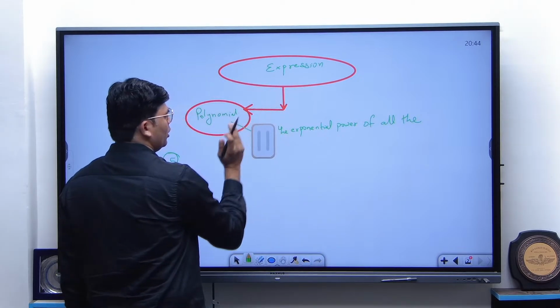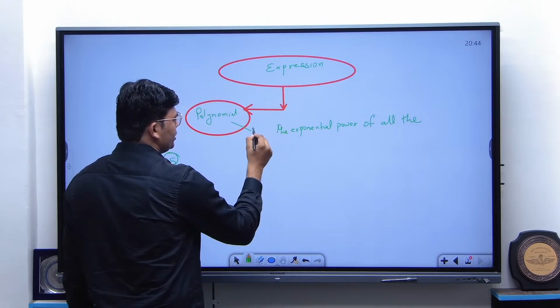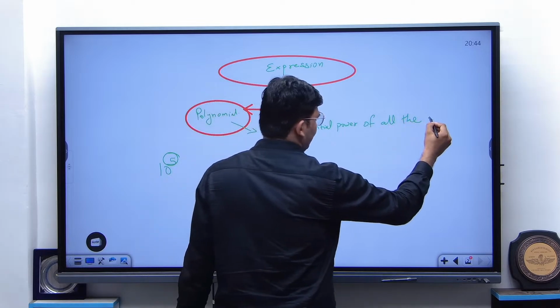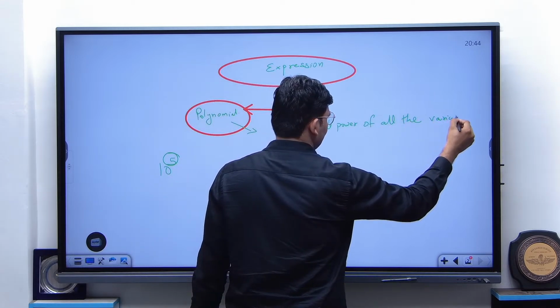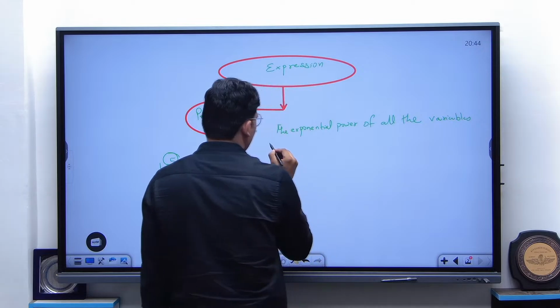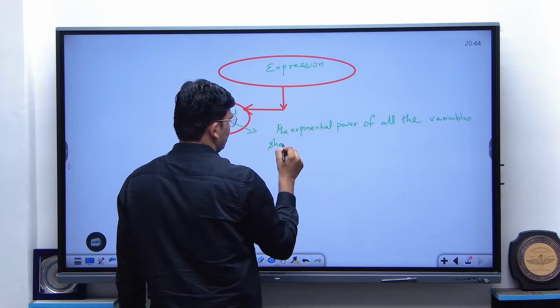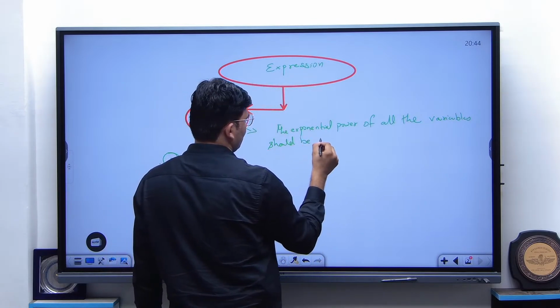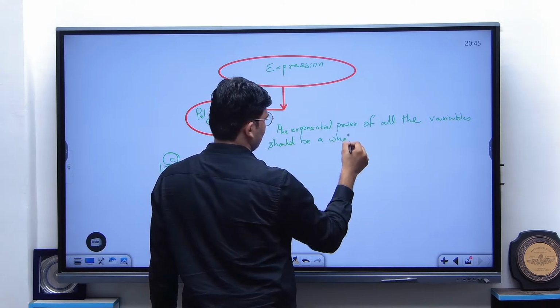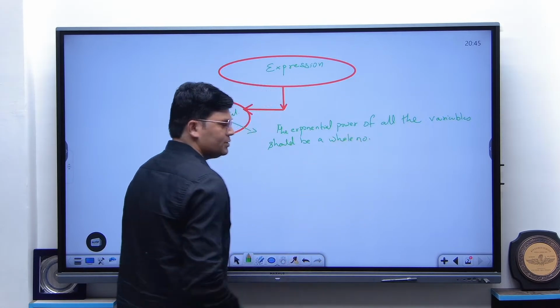Okay, the exponential power of all the variables should be a whole number. What does it mean?